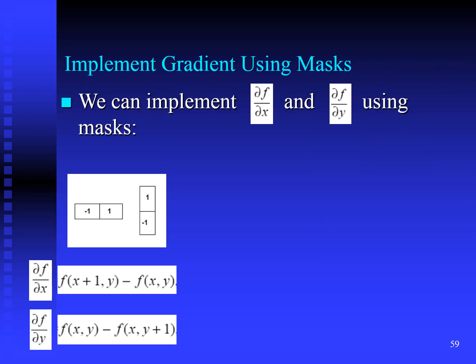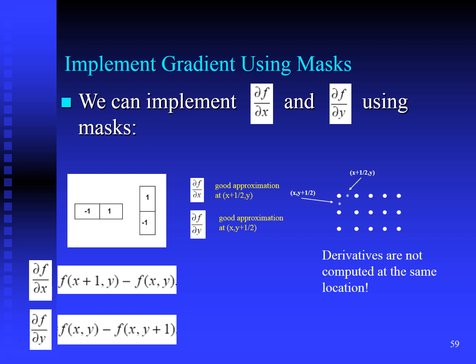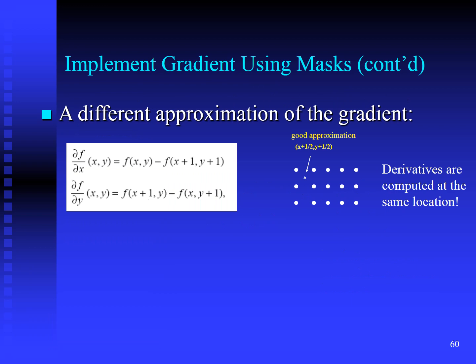So there are many approximations of the gradient. Some are listed here. Minus 1 and 1 in x direction, 1 over minus 1 in y direction. So gradient is mostly calculated not on the edges, in between the edges, or the derivative in x direction on x edges, in y direction on y edges.